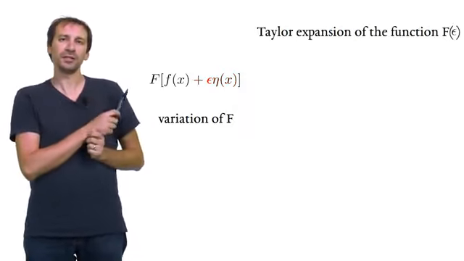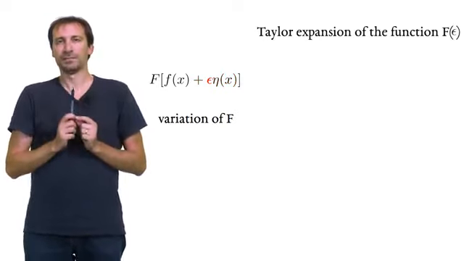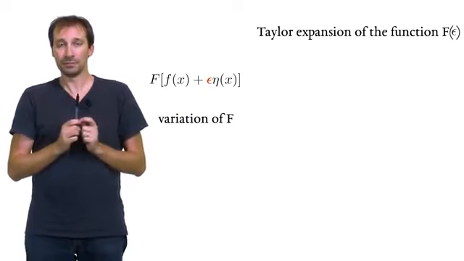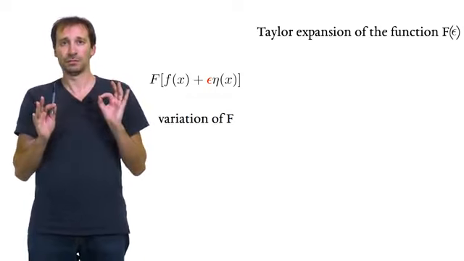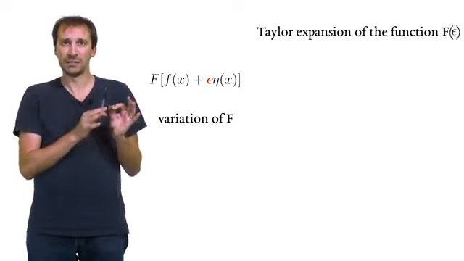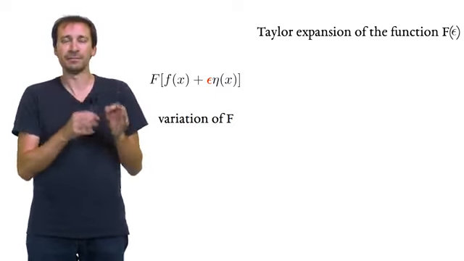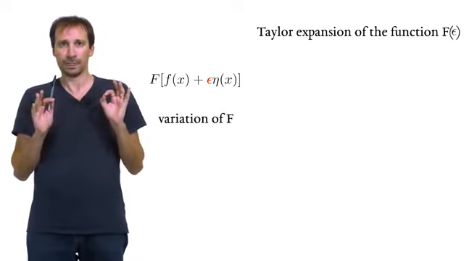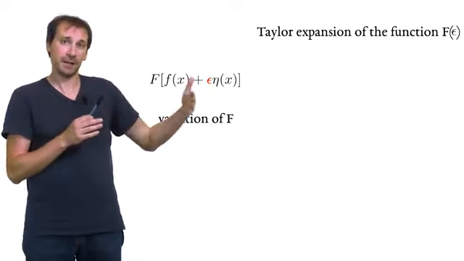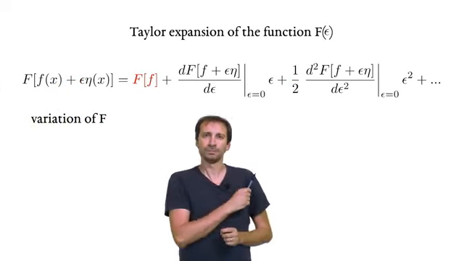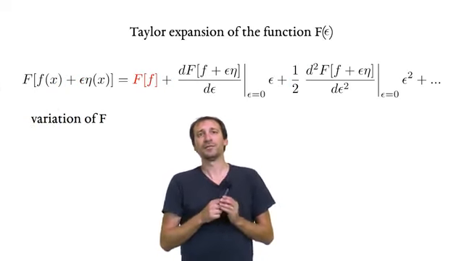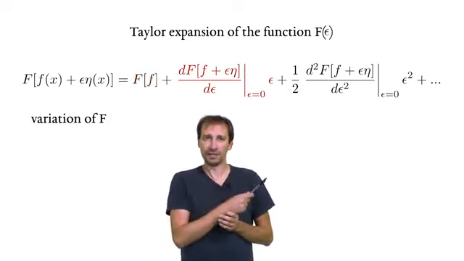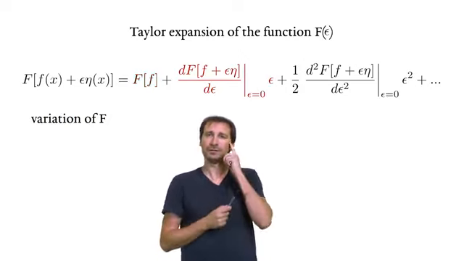The important thing to notice here is the following. If you consider all this in terms of epsilon, this is a simple function. Once you consider a fixed x, and so a fixed f and eta, everything will just depend on epsilon like a simple function, which can be Taylor expanded. Let's do it. When we expand, we have the first trivial term, then we have the first derivative of F with respect to epsilon.